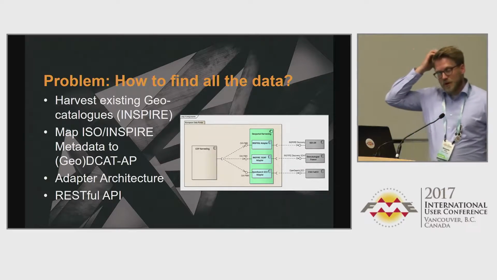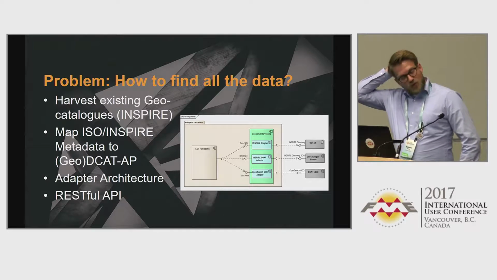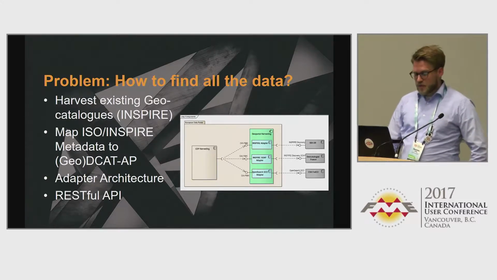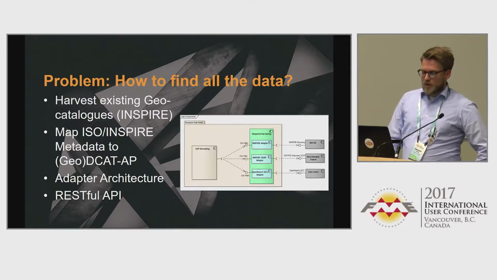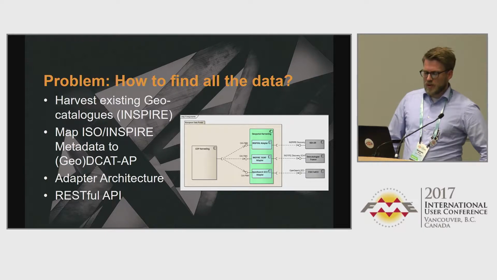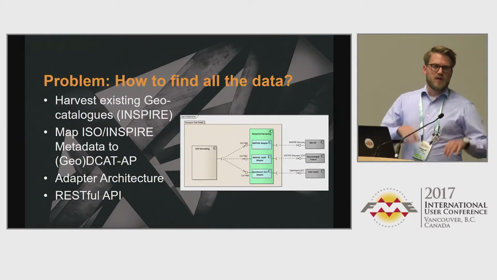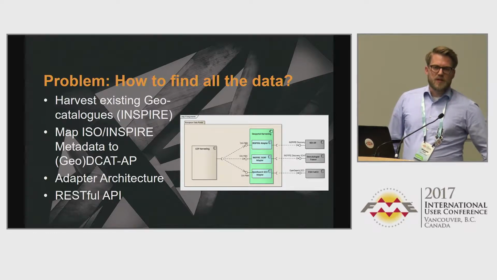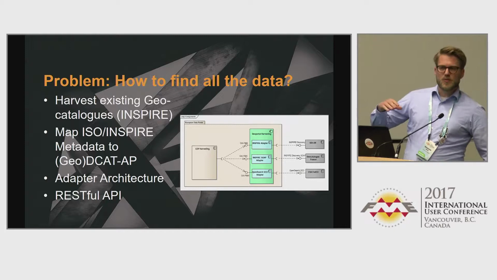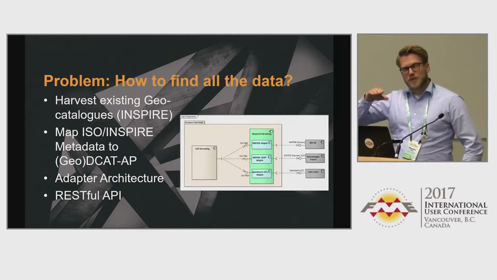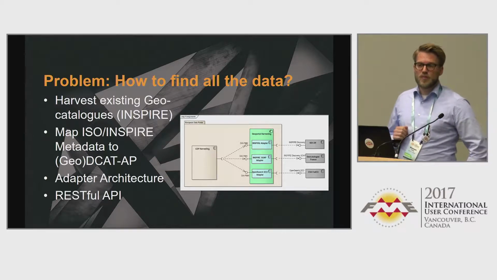So what's the problem in this project? How to find all the data and how to make it accessible and findable within the European Data Portal. So what we had to do was harvest the existing catalogs, for example, Inspire. As I said, every European country is mandated to provide data to the European Commission on all administrative levels of Europe.